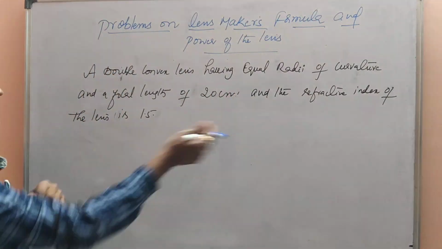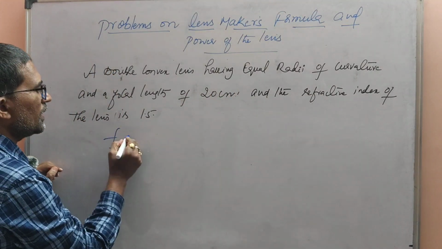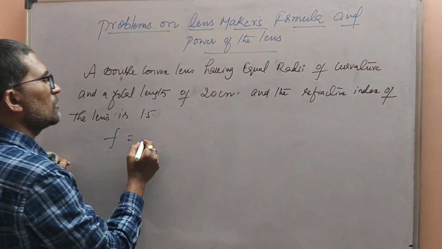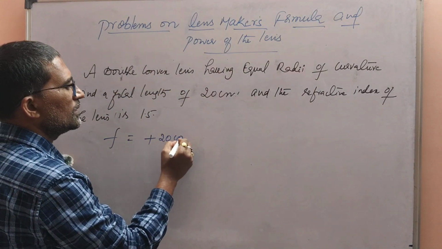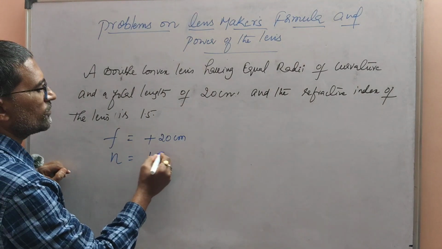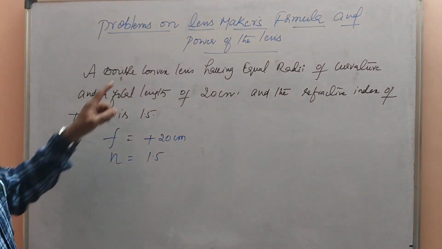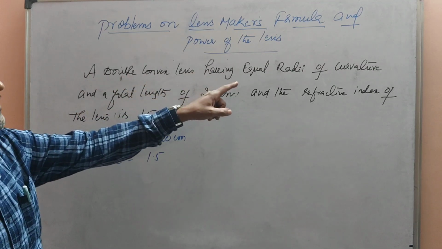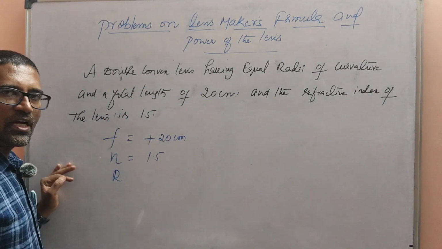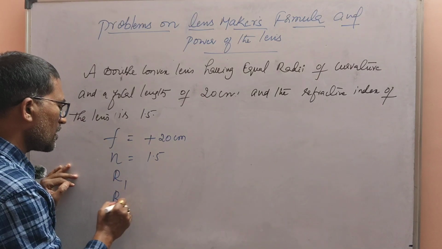First, we will write the data. The focal length f is equal to, since we have a convex lens, the focal length will be positive, plus 20 centimeter, and the refractive index n is 1.5. He said a double convex lens having equal radii, so we have R1 and R2.